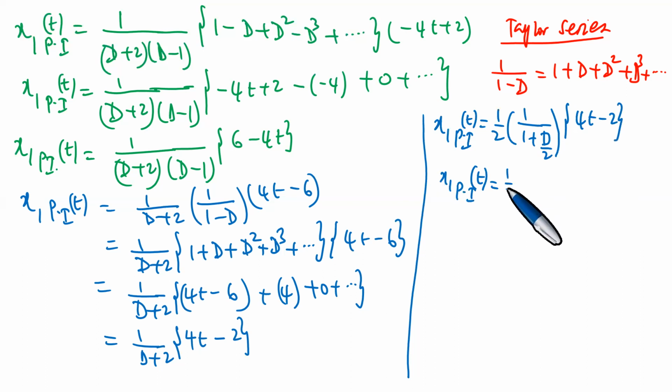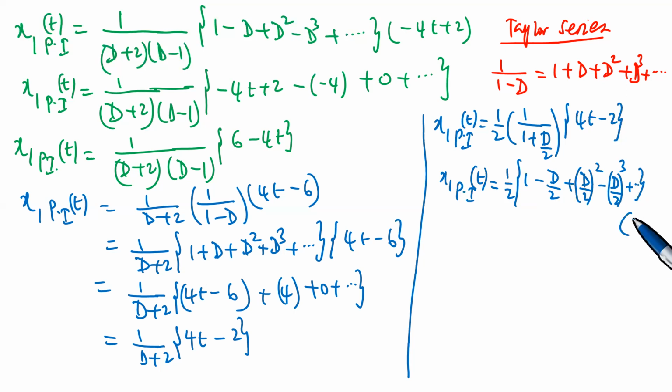We have 1/2. So we're using that formula, but now here it has a plus, so the signs alternate. So it's going to be 1 minus d over 2 plus d over 2 squared minus d over 2 cubed, which is 4t minus 2.